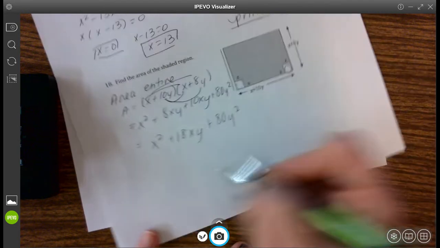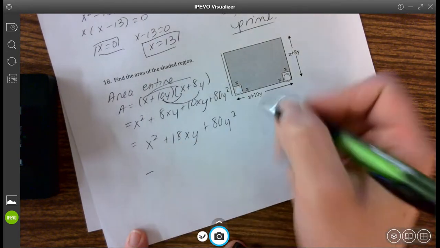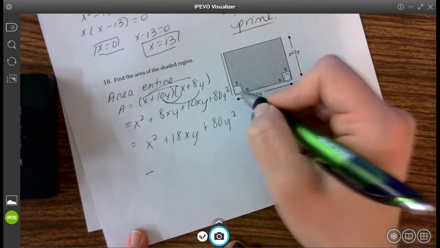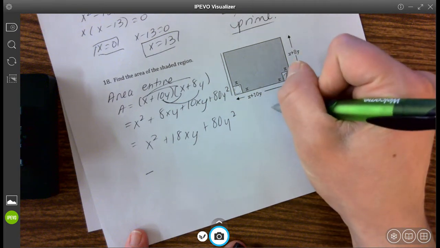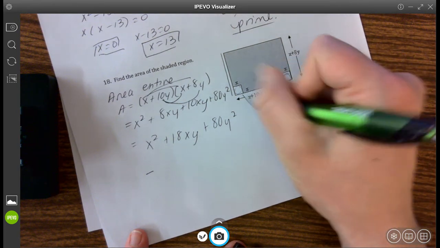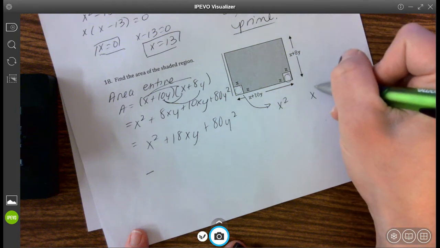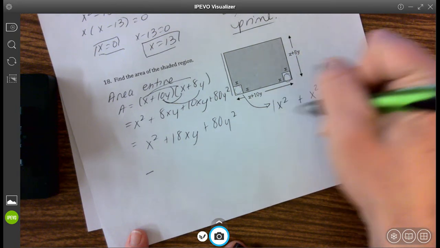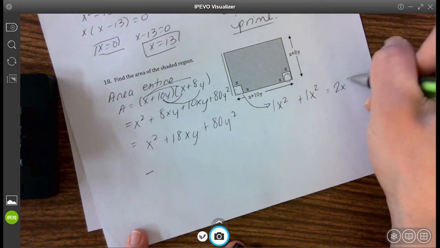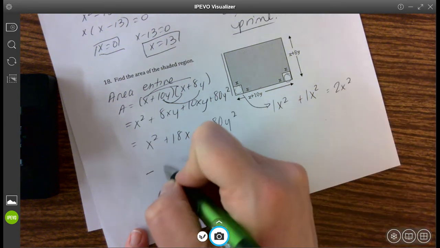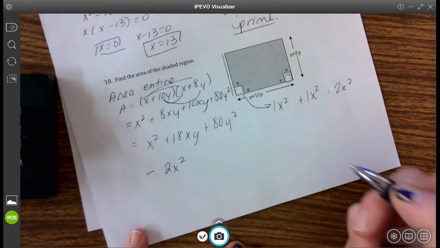All right. I'm going to subtract the 2 little white boxes. Well, the first white box is x times x, so x squared, and you have another x times x, which is x squared. So 1x squared plus 1x squared is 2x squared. So I'm going to remove a 2x squared.